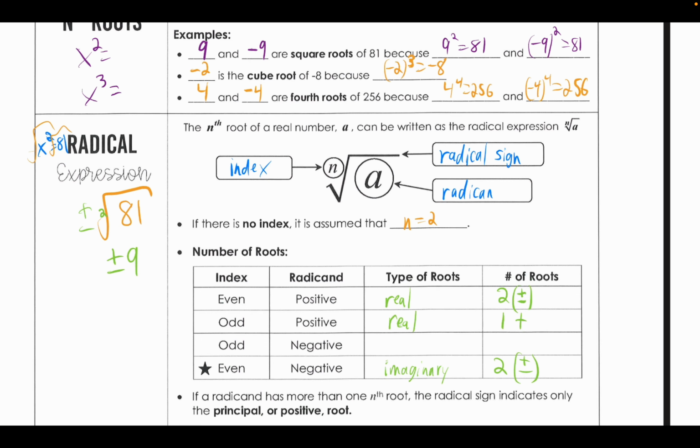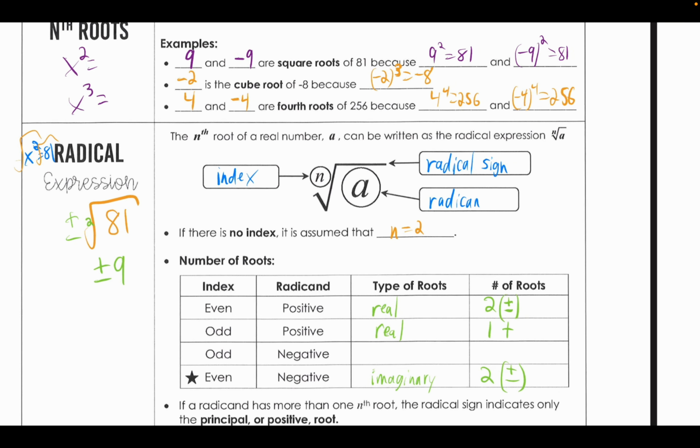And if it's an odd index again, once again that cube root, for example, and the radicand's negative, such as cube root of negative 8, that would get you negative 2. And so you'd get a real number again, and you get one number, and it's negative.